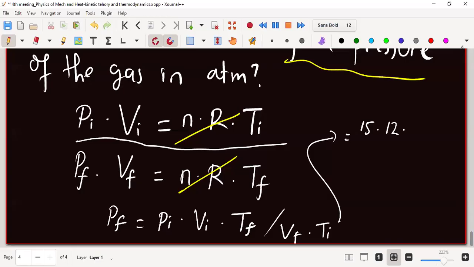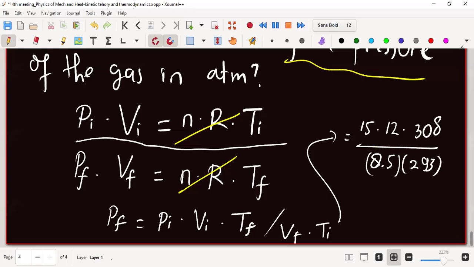So 20 degrees Celsius is equal to 293 Kelvin. Oh, sorry, here it is not the initial pressure but the final temperature, which is 308, divided by the final volume, 8.5, and the initial temperature, 293.